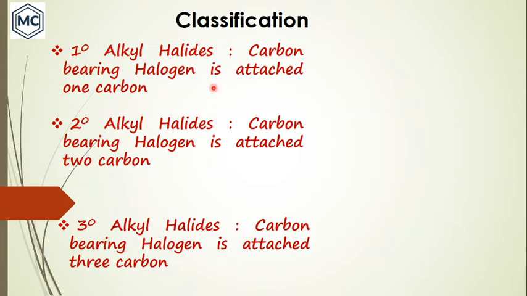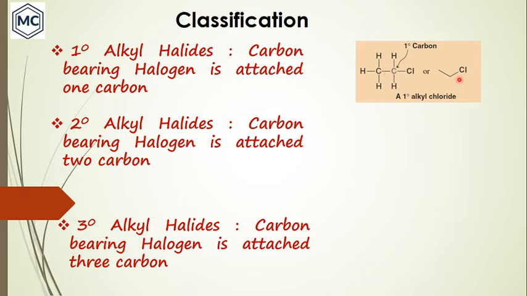Another classification of alkyl halides. Alkyl halides can be classified into primary alkyl halide, secondary alkyl halide, and tertiary alkyl halide. What is meant by primary alkyl halide? When the carbon bearing the halogen is attached to one carbon, it is called a primary alkyl halide.